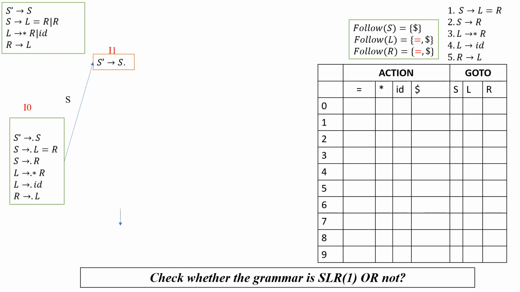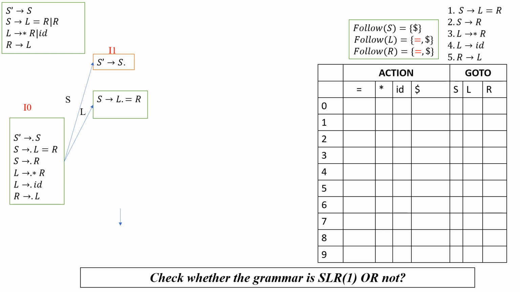Next, on seeing L. How many productions? In the I0 state, there are two productions, that is the second one and the last one. The second one is S derives .L = R. On seeing L, the dot is shifted, hence it is S derives L. = R, because L is over, right?